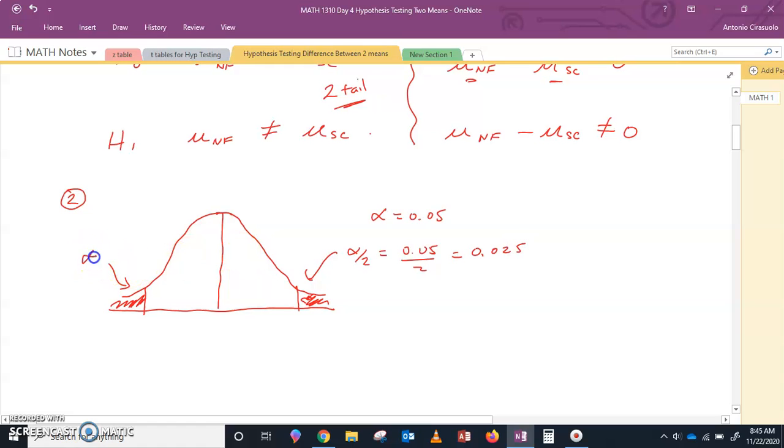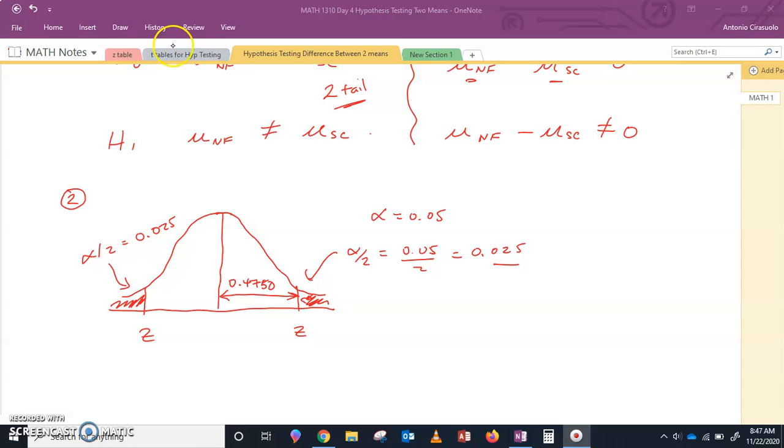For these questions, we will be using the z-score. So we're going to use the z value to determine what the critical value is. And since the area of the tail is 0.025, that would make the area in the center 0.4750. Once again, we're going to go to the Z table and find out what value is associated with this middle area.